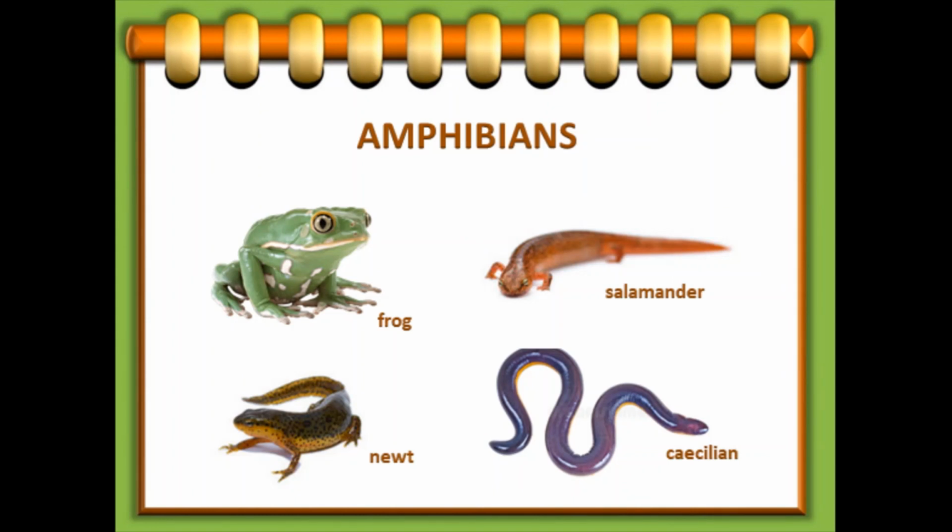Okay? Let's say it one more time. Frog, salamander, newt, caecilian. Your turn. Alright, good job. These 4 pictures are example of amphibian animals.